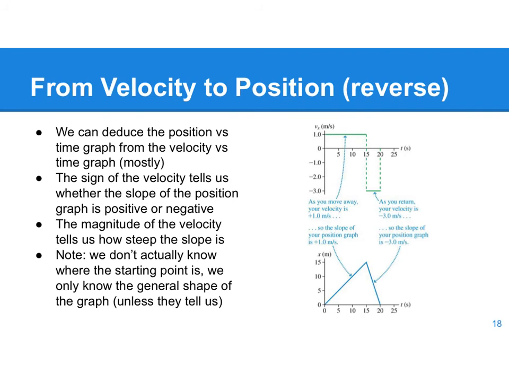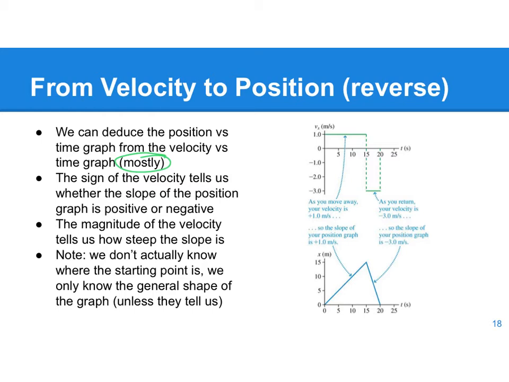All right, we can also go backwards. We can also use the graph of velocity versus time to get the position versus time. And calculus people get this really quite easily, but we'll explain it more in just a second.